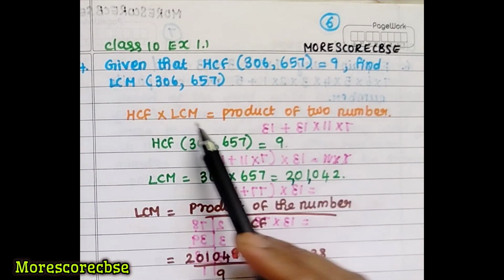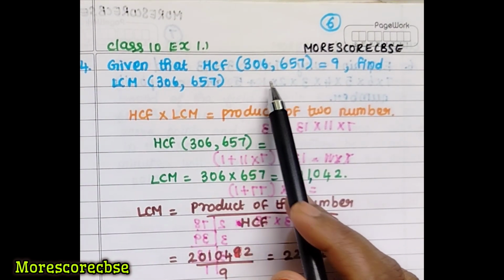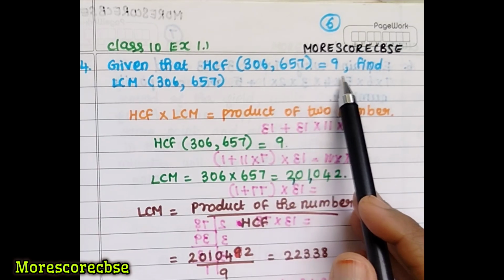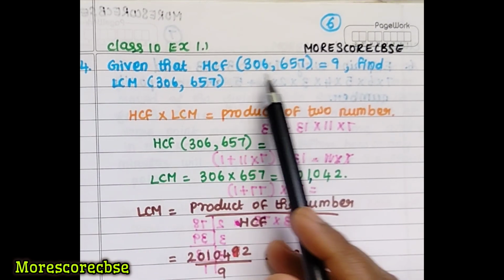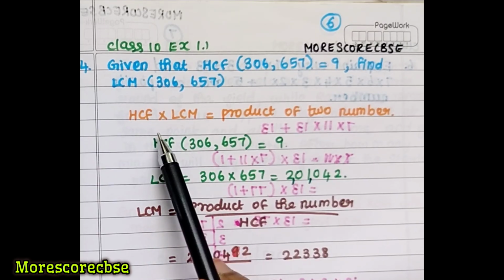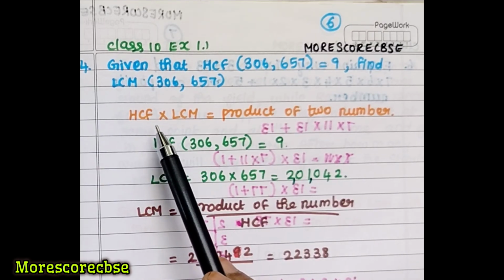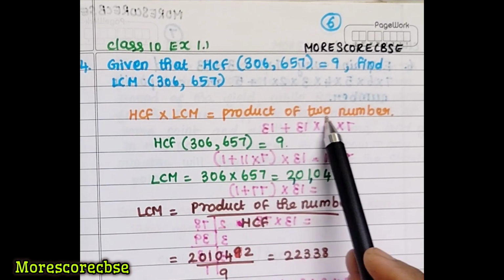Now fourth sum: given that the HCF of 3006 and 657 is 9, find the LCM. So they have given the HCF and we need to find the LCM. The formula here is HCF into LCM is equal to the product of the two numbers.